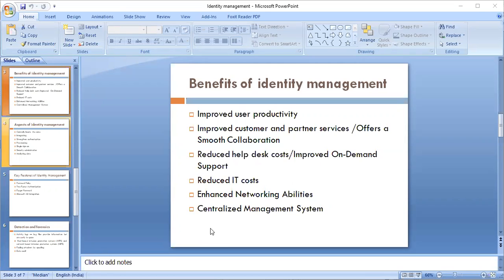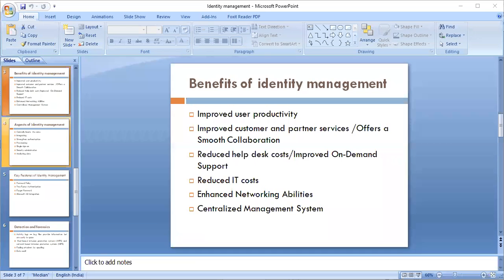And moreover, it is reducing the cost of help desks, as we don't actually have to employ additional staff, or invest in additional infrastructure for providing the support.